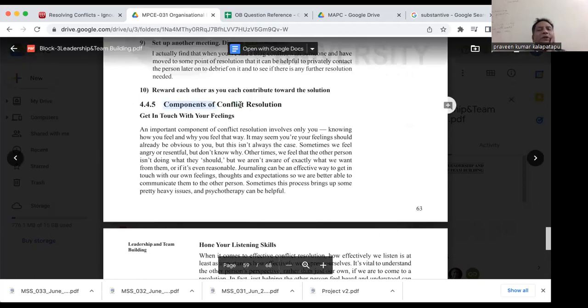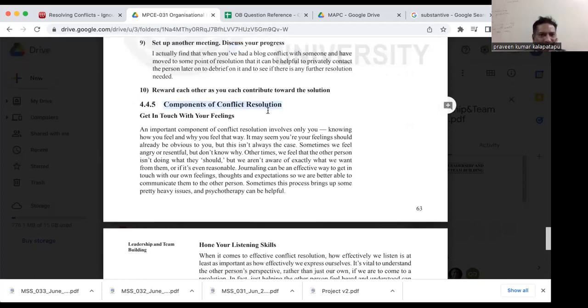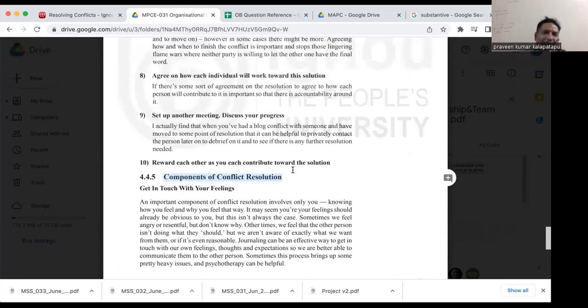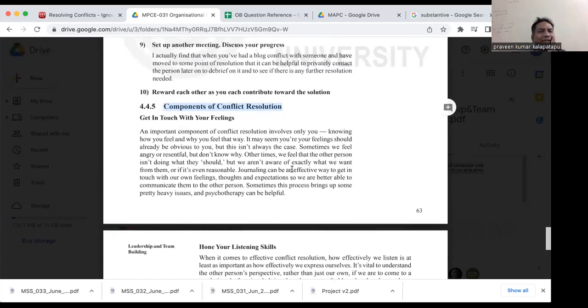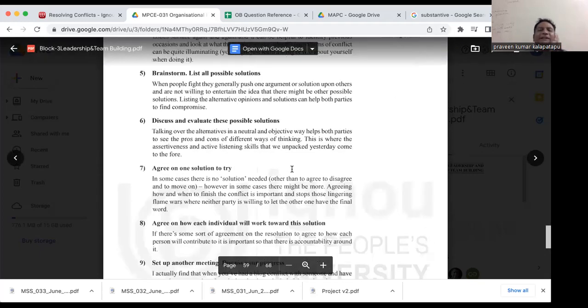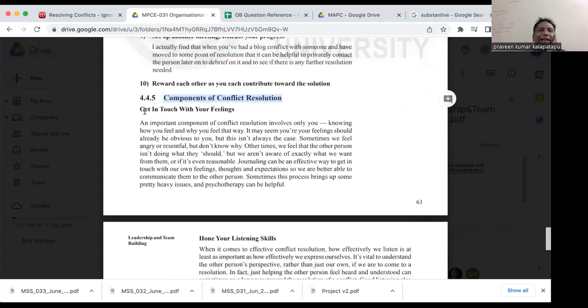Now we come to the components of conflict resolution. I think every chapter has this component section. What exactly are the components, which is to some extent covered above as well. Get in touch with your feelings.